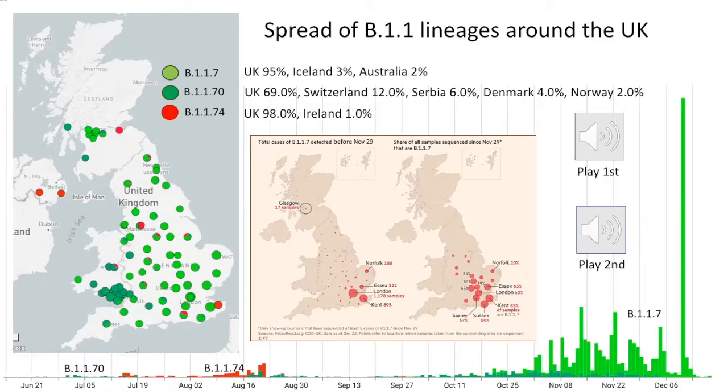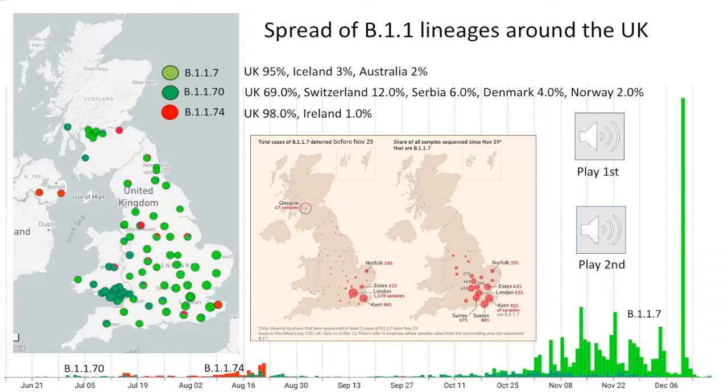But in actual fact, when we look at the distribution of these lineages within the UK, we can see that they are primarily localized. The lineage B1174 was thought to actually have spread from Scotland, and we can see that there are cases of it down in the southeast.